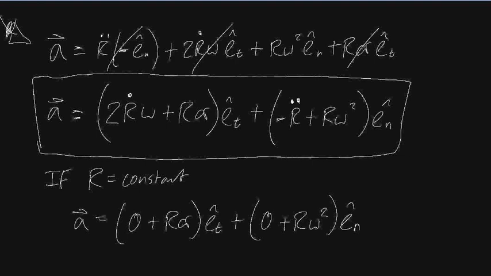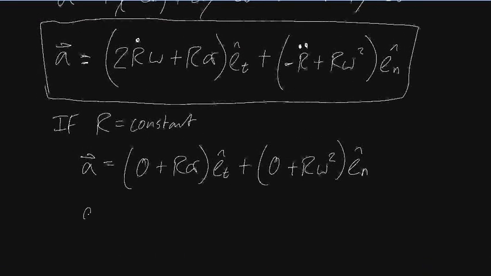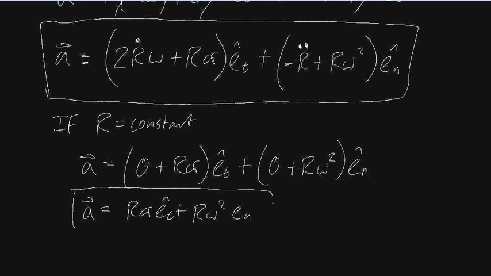And if you simplify that down, remember this is only for r equal to a constant, you're left with acceleration equal to r alpha ET plus r omega squared En. What does this remind you of? This is our circular motion formula we derived in our previous video. It's the same thing as this more generalized equation, but for the case where r is equal to a constant.